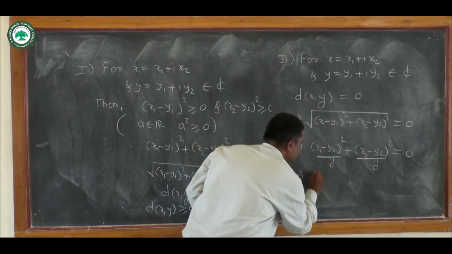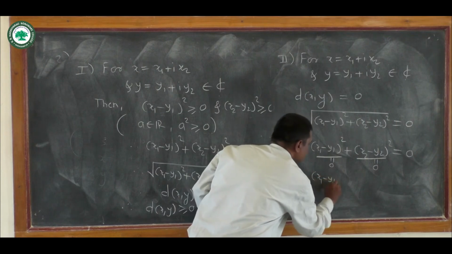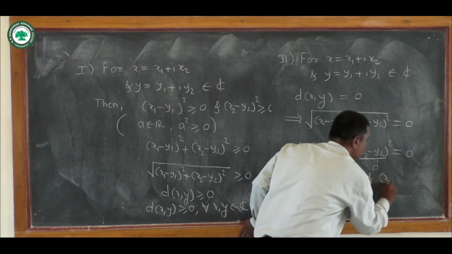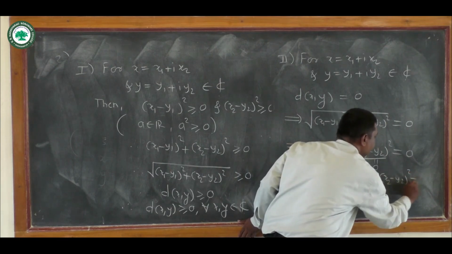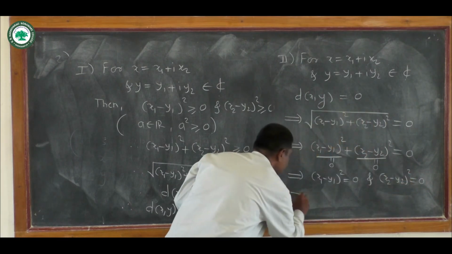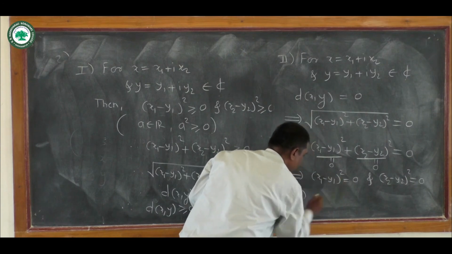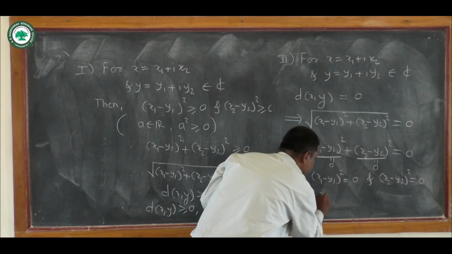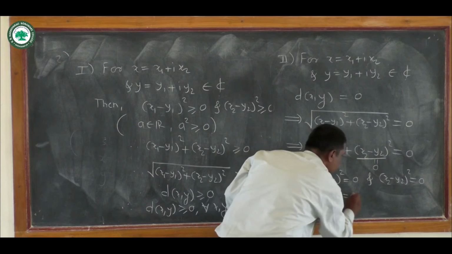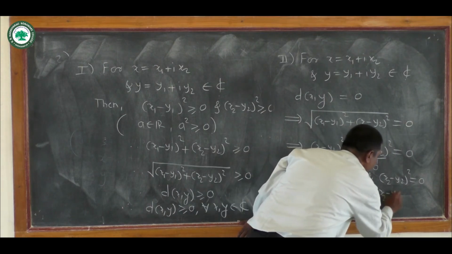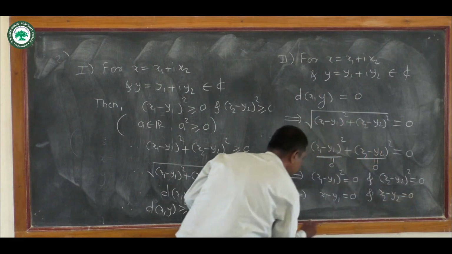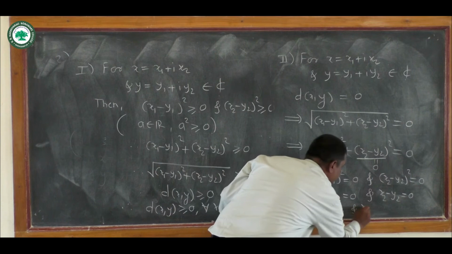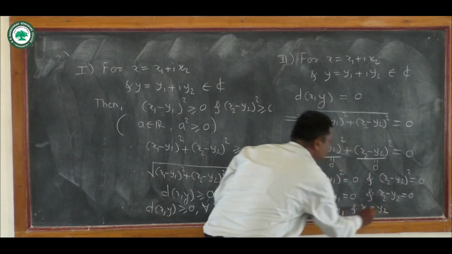So this implies that x1 minus y1 bracket square is equal to 0 and x2 minus y2 bracket square is equal to 0. On taking square roots on both sides, we write x1 minus y1 is equal to 0 and x2 minus y2 is equal to 0. So therefore x1 is equal to y1 and x2 is equal to y2.